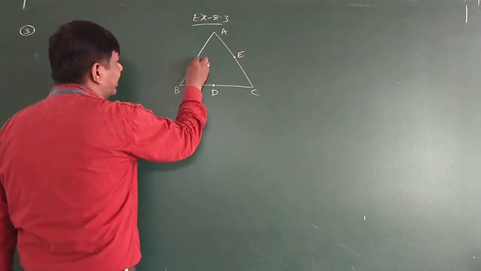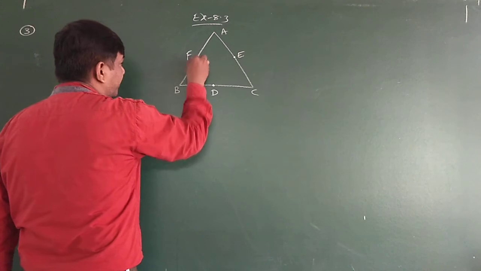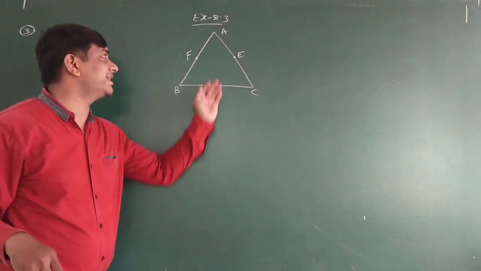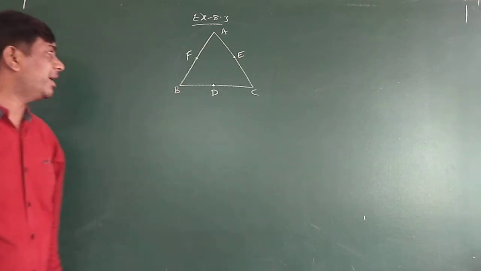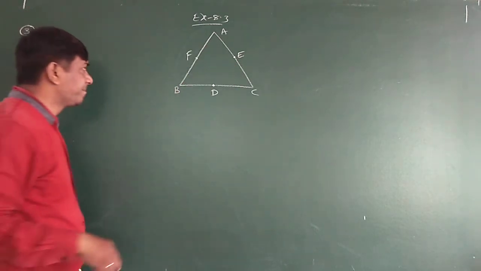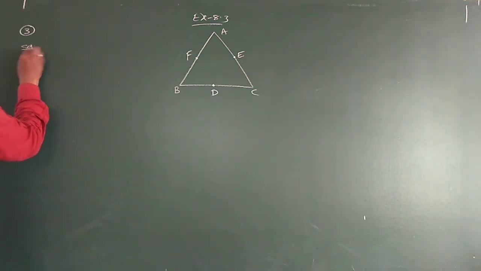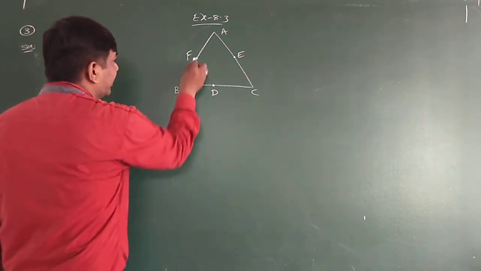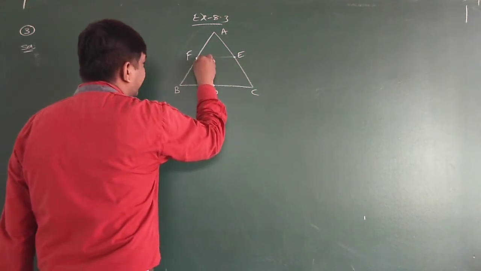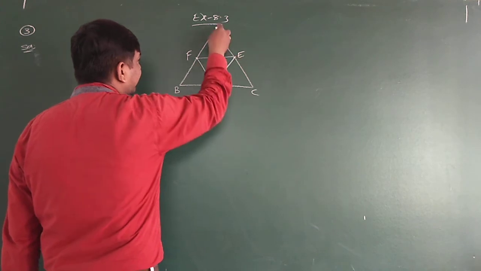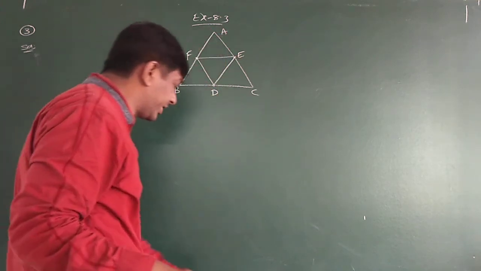Respectively means you need to maintain the order. You need to find the ratio of the area of triangle DEF and the area of triangle ABC.